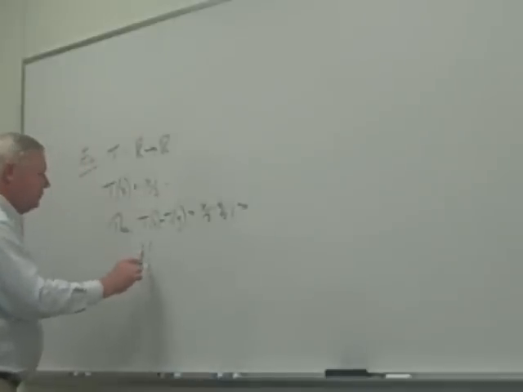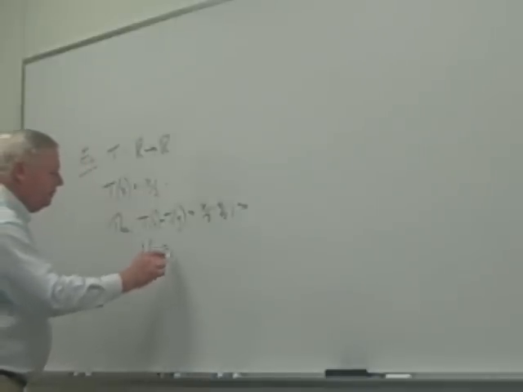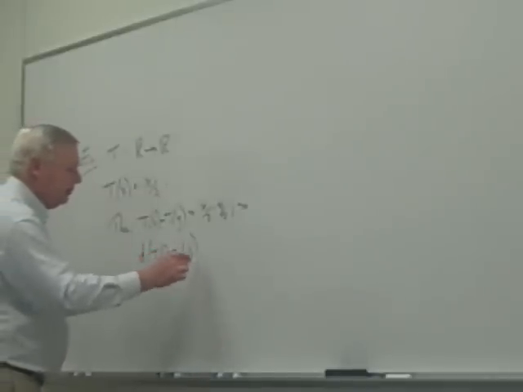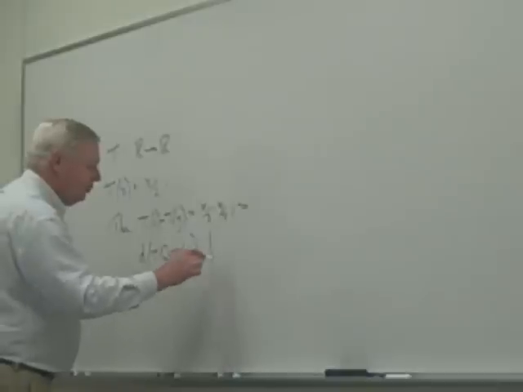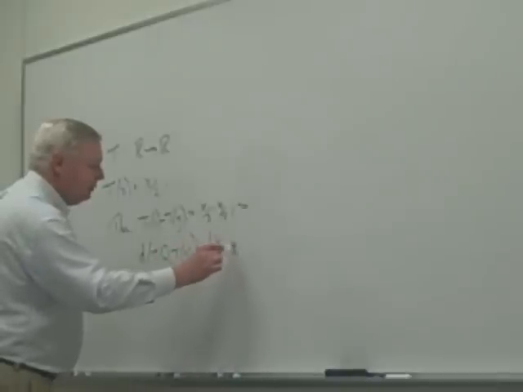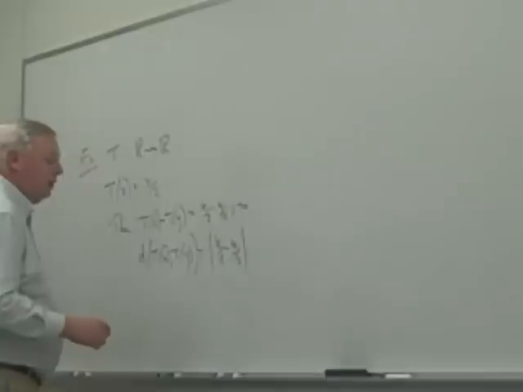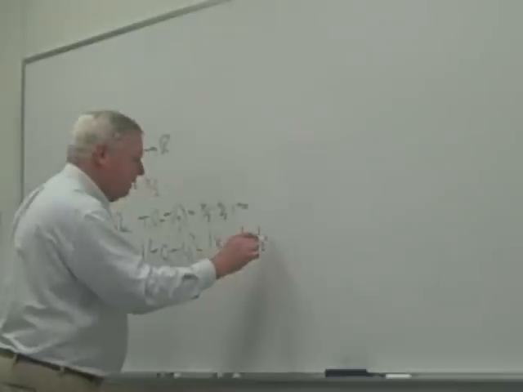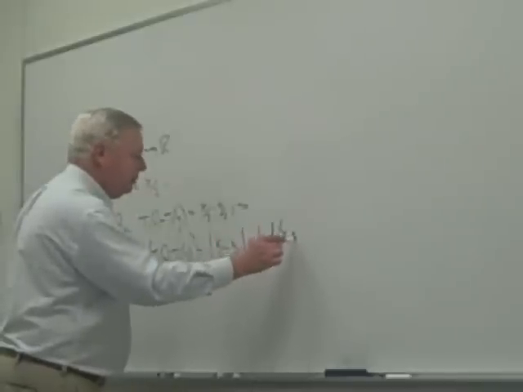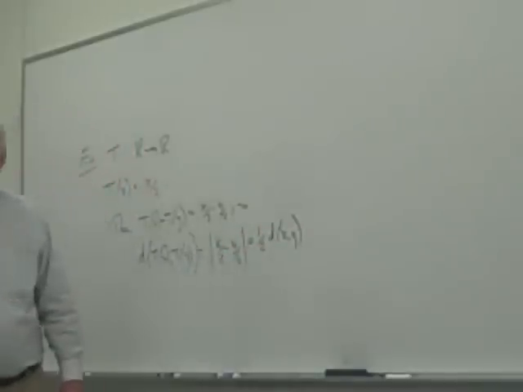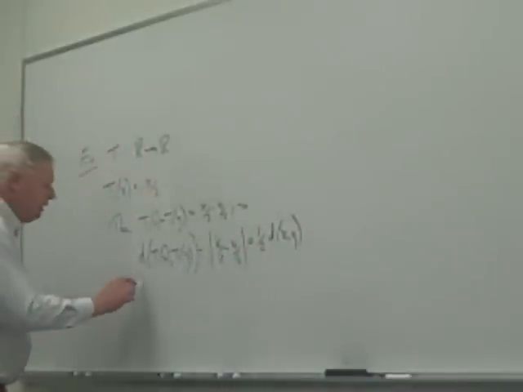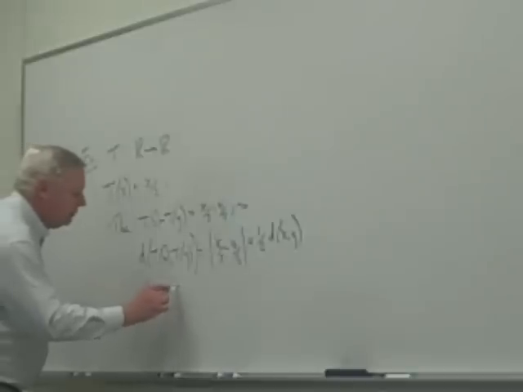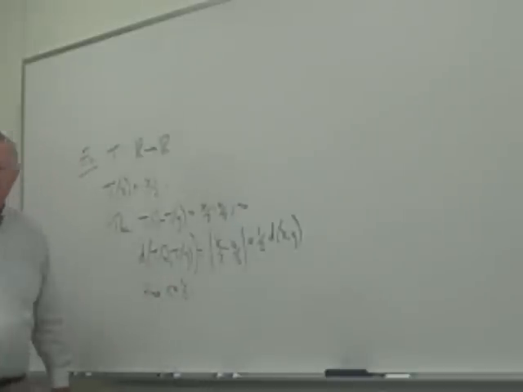And so the distance between T of x and T of y is the absolute value of x over 2 minus y over 2. And in this case, this is equal to 1/2 the distance between x and y. So here we can take c to be 1/2. So that's an example of a contraction.